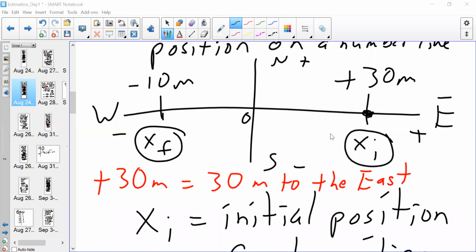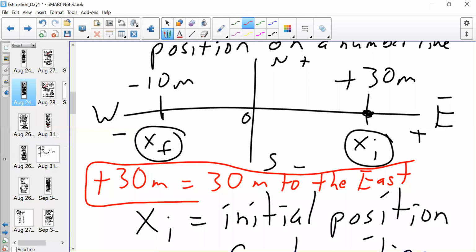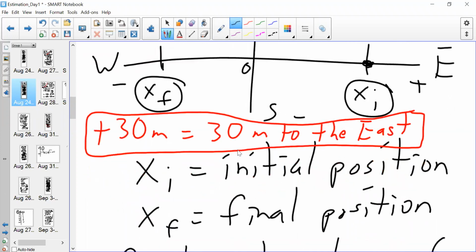I'm 30 meters to the east. So essentially, this is a vector. Sorry to squeeze that in there. A vector has a number and a sign. In technical speak, you will see magnitude and direction. Magnitude means number, direction means sign. Try to simplify these terms as best as possible.